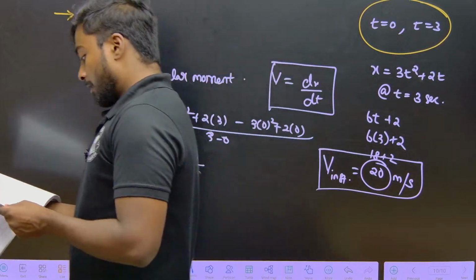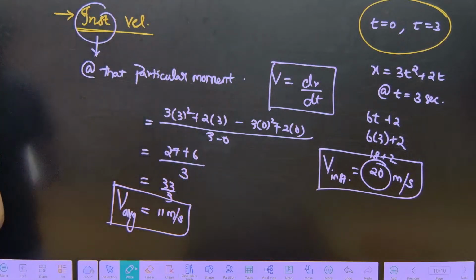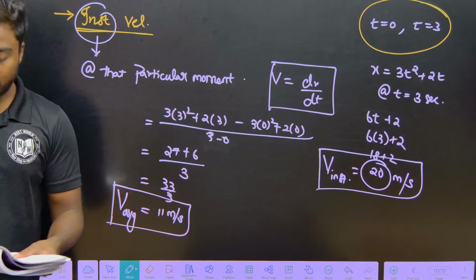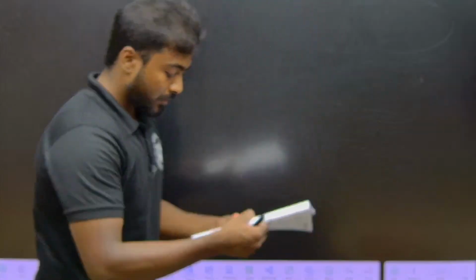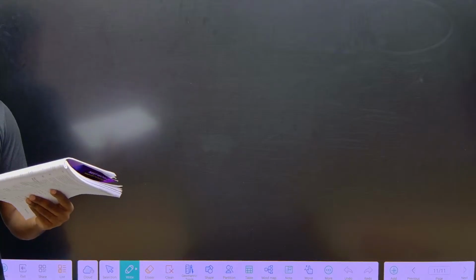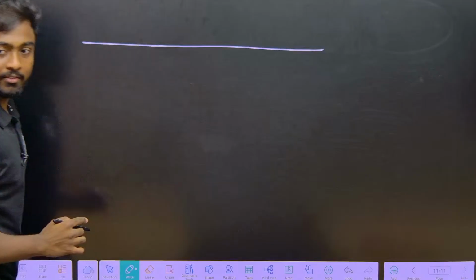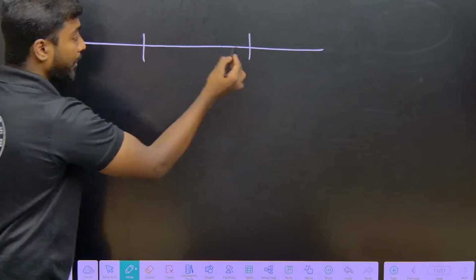You can take the problem. A body covers 1/3 of a distance with v1 velocity. Like there is a total distance, so it has been divided into 3.